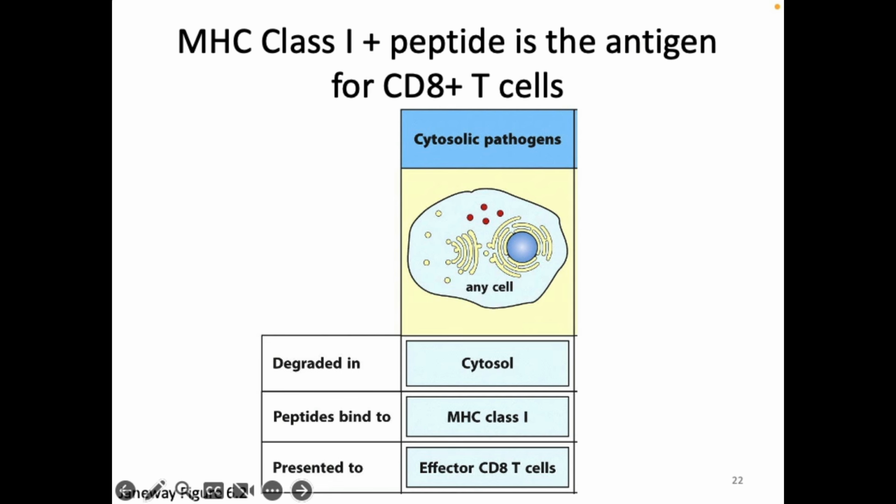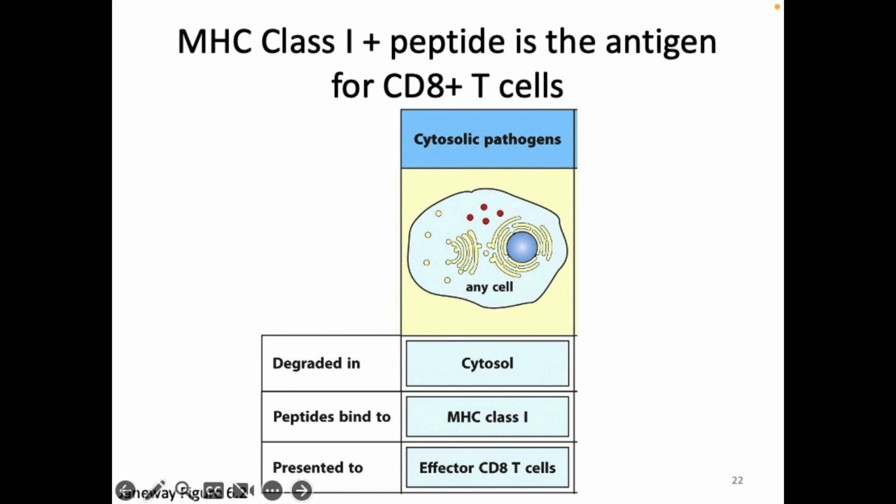And so MHC class 1 plus its peptide is what's used to turn on a CD8 T cell. So MHC class 1 turns on CD8 T cells. That means CD8 T cells only see peptides that were from the cytoplasm, because that's where MHC class 1 gets its peptides. And we're going to turn on CD8 T cells.